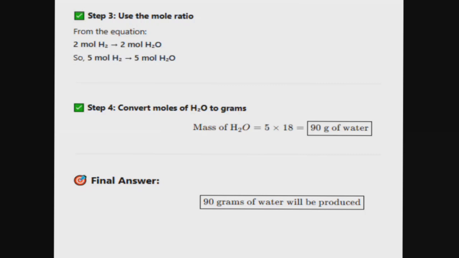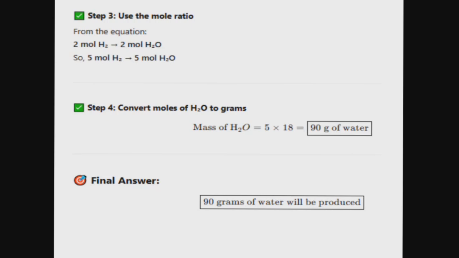So we need to find the mass of water. Mass of water is 5, which is your mole, times your molar mass. That's moles of water times molar mass of water, which is 5 times 18, to give us 90 grams of water.